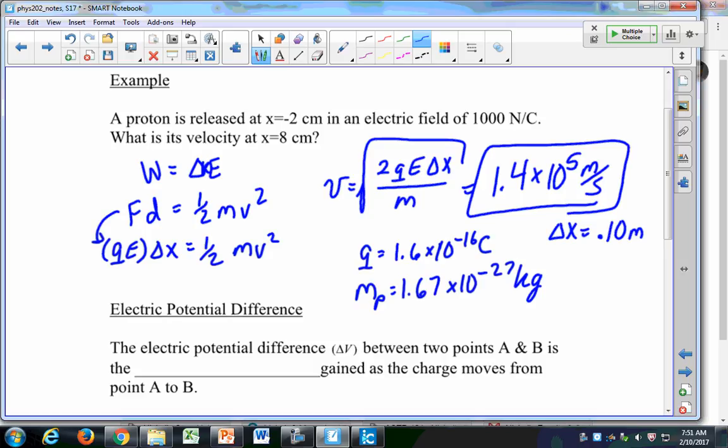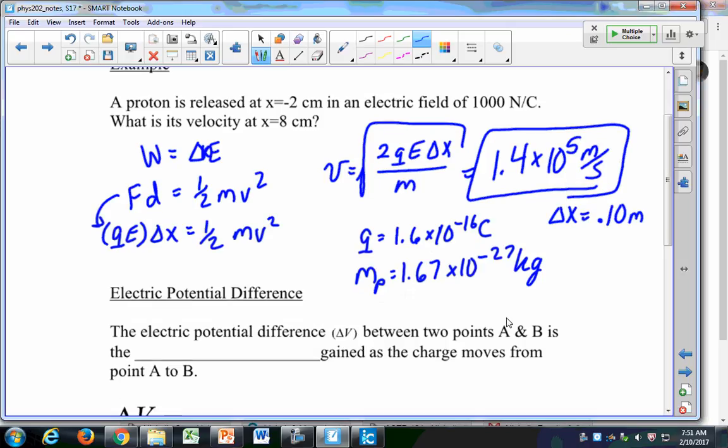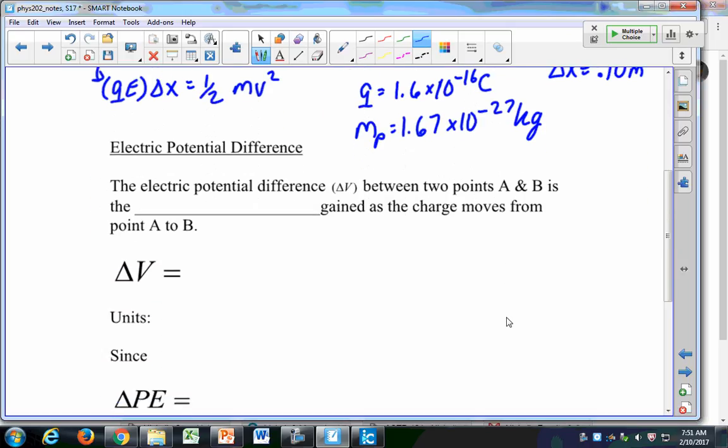Sorry for that. Okay, so talking about potential now, we're often going to talk about electric potential difference. And we'll sort of use these terms interchangeably. Potential, which will be the energy per charge at a particular point in space.